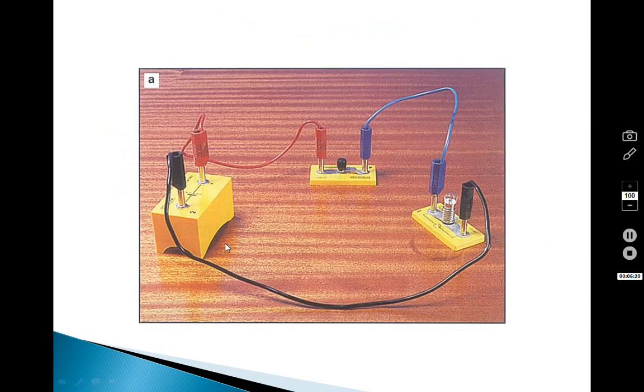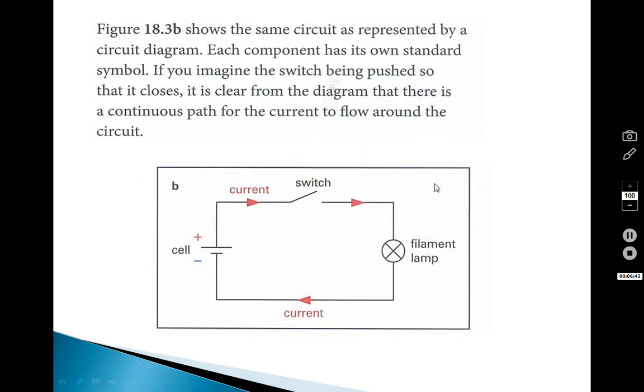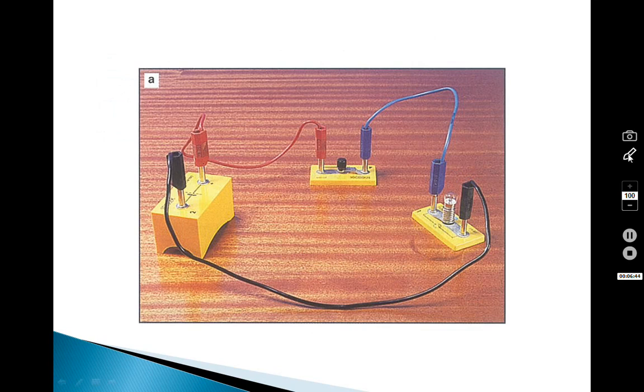So this is the circuit here. This is the power supply, or cell, or battery. There are two parts here, one of them is minus and the other is positive. This is the switch, which is used to turn the circuit on and off, and this is a lamp. When you turn the circuit on, the lamp will be on.